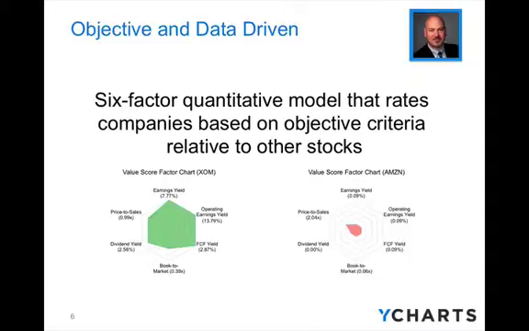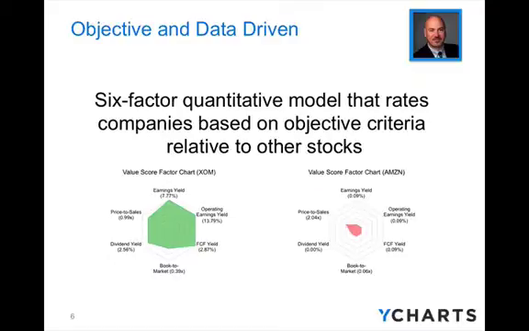Here you can see that on each of the measures that we're taking a look at for the value score, Amazon scores worse. So it's not screening as attractive on a valuation basis looking at our criteria.